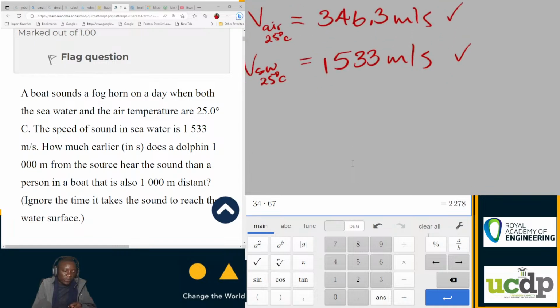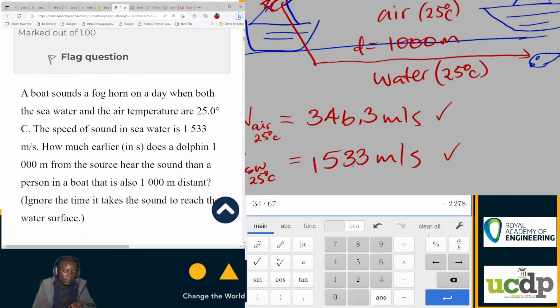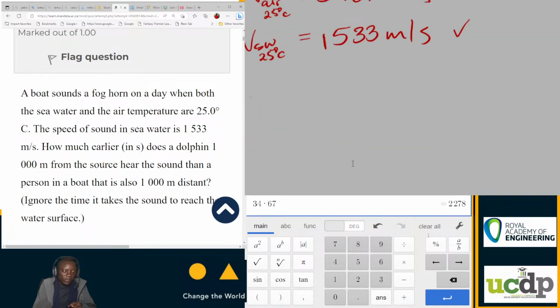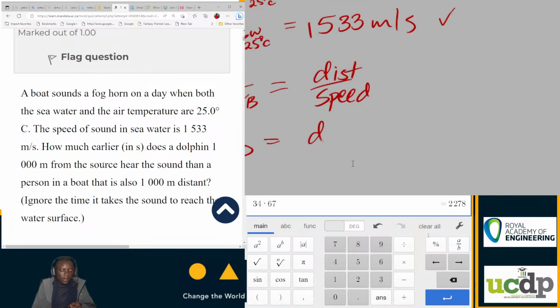So over a distance of 1,000 meters, with d equals 1,000, we simply use the simple formula, time equals distance over speed. So we've got time for B and time for the dolphin, and the distance is still 1,000 meters for both.